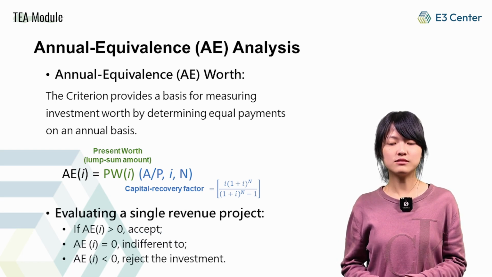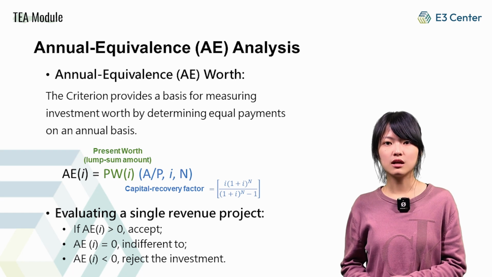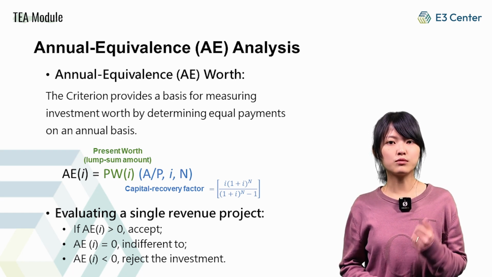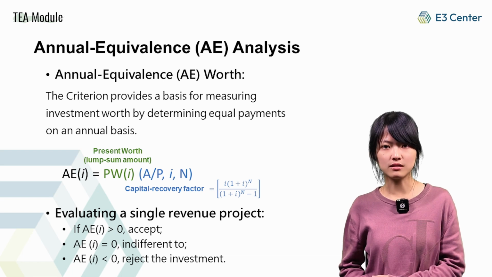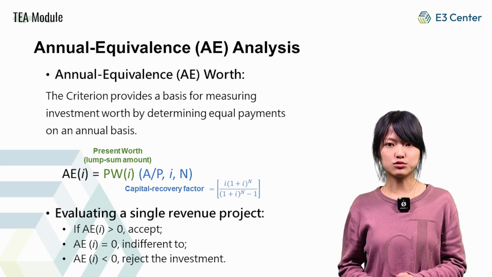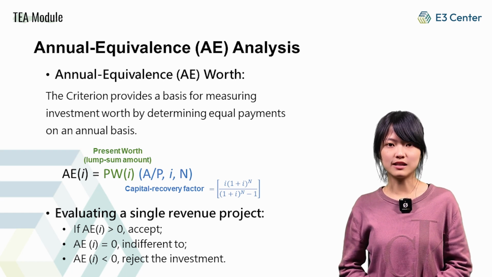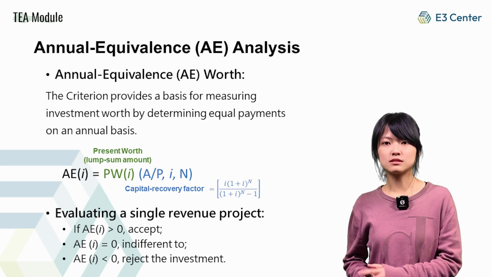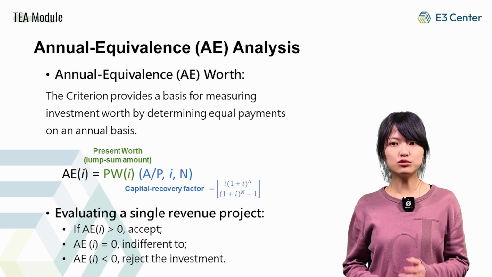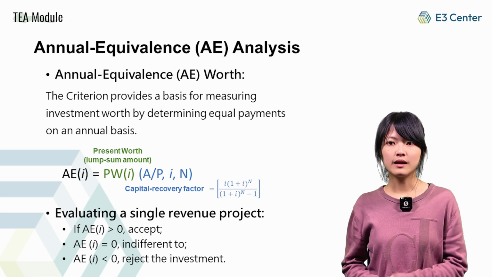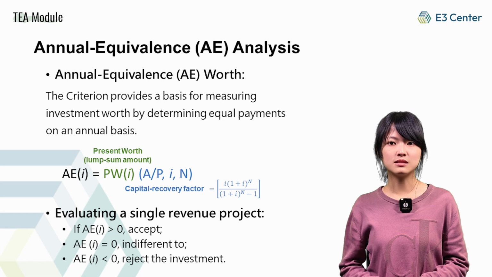When you are evaluating a single revenue project, you can use AE to make a decision. Similar to what we have learned for net present worth analysis, if AE is greater than 0, that is a green light to go ahead with the investment. If AE equals 0, it means you are neutral about the investment, and if AE is less than 0, it is time to reject the investment.